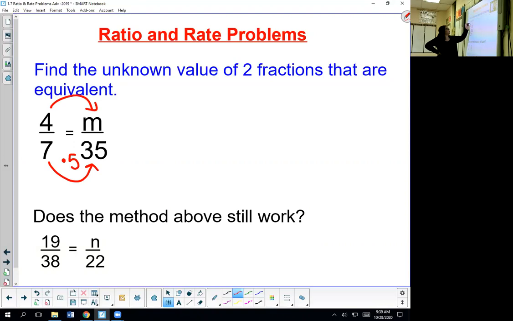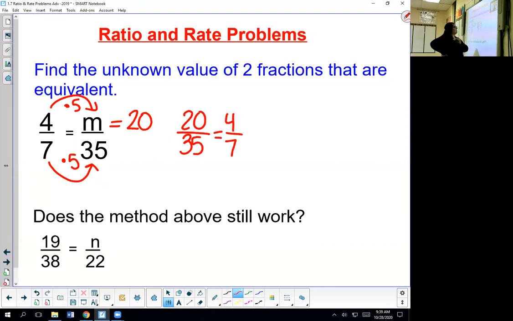So if I do it there, I'm going to do it up here. And therefore I get that this would be equivalent if M was 20. So therefore 20 over 35 is equivalent to 4 over 7. Why? Because if you divide by 5, they are equivalent. Okay, so that's one way you can do that.